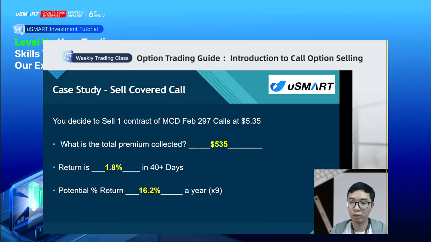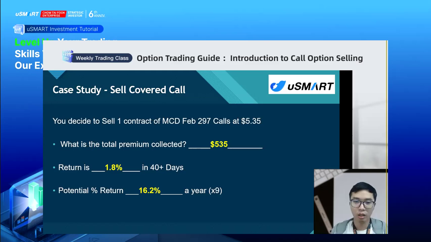In this case, 296 to 297 is very close, I just give it as an idea. If you get 1.8% in 40 plus days, your potential return is 16.2% a year, which is 40 days times 9, about 360 days.